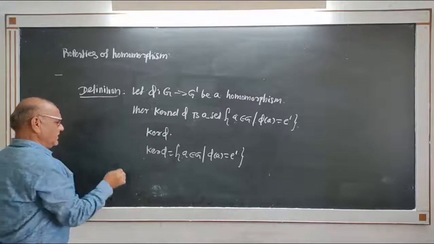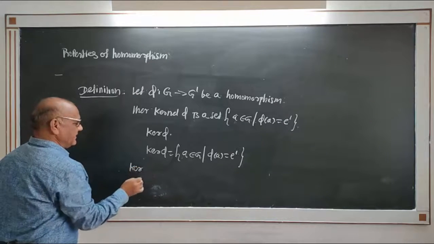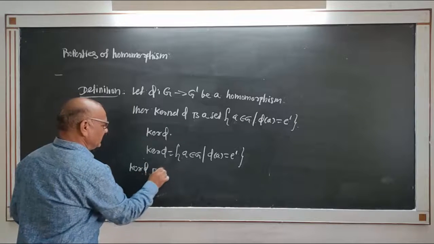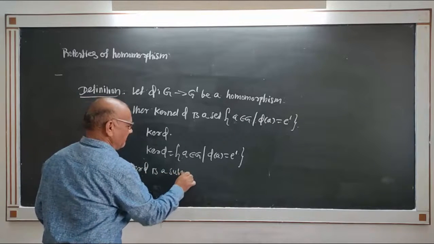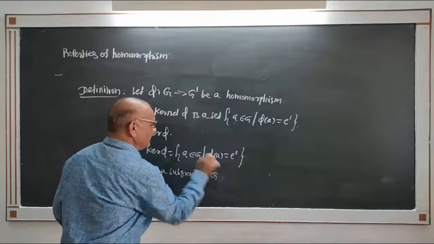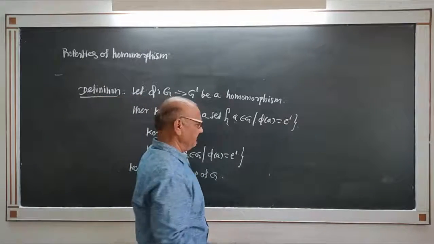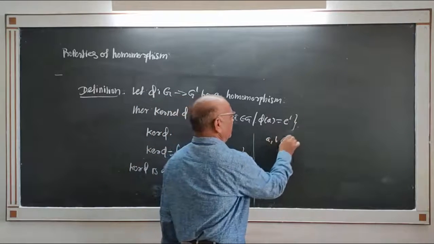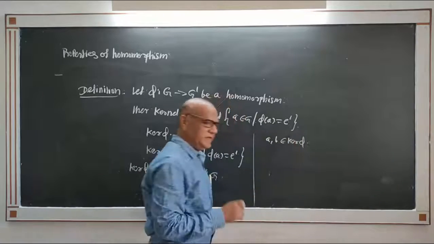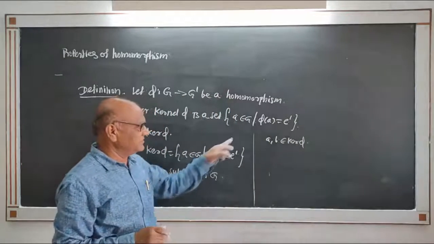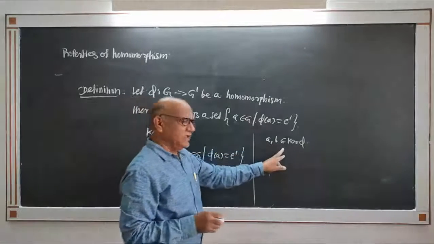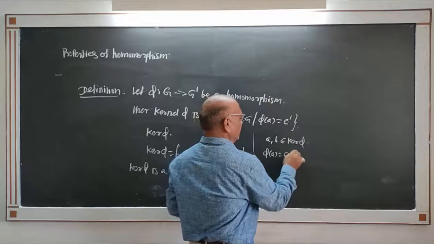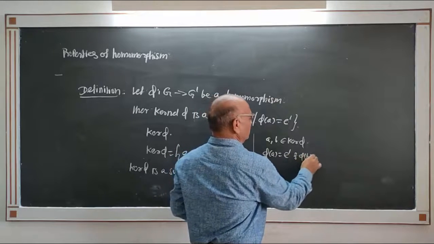Here kernel phi is a subgroup of G. If you take a, b belonging to kernel phi, then this gives phi of a is equal to e' and phi of b is equal to e'.